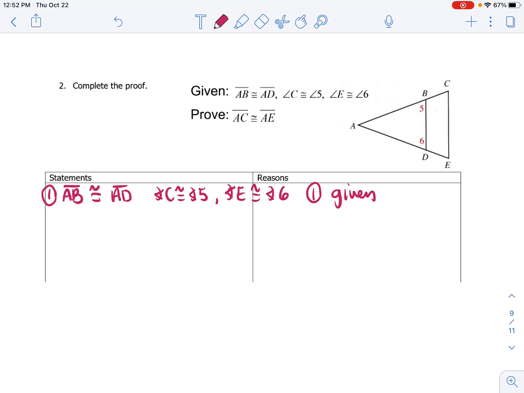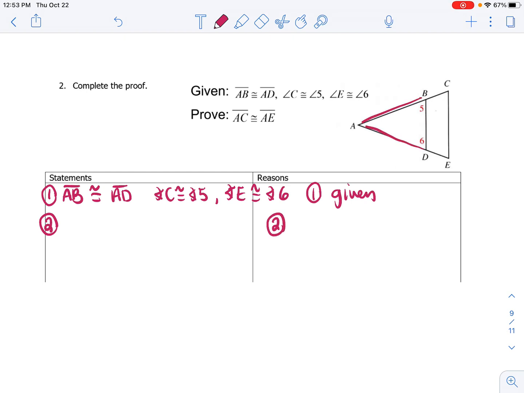So look at the diagram. How many triangles do we have here? Okay, we have two triangles. But notice how the triangles are kind of overlapping. We can trust our eyes in this diagram to show one of the triangles is definitely smaller than the other. So we're not proving these triangles congruent, but we can use our knowledge of triangles to help us.